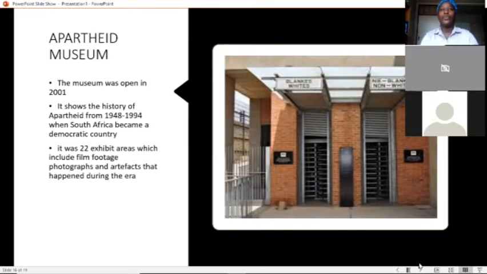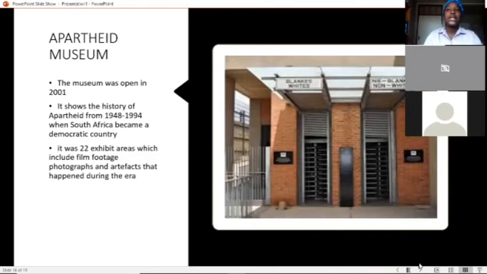Remember, we come from the apartheid era, which was not okay. And then right now we live in a democratic country. And the museum shows the history from 1948 till 1994, right?